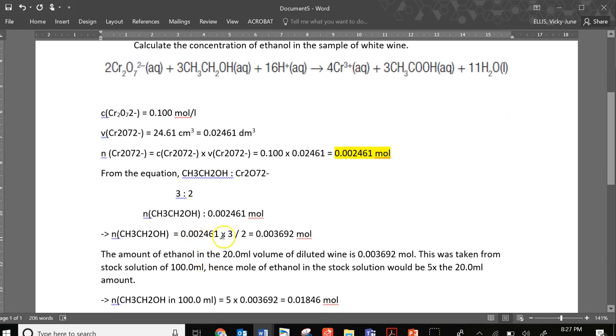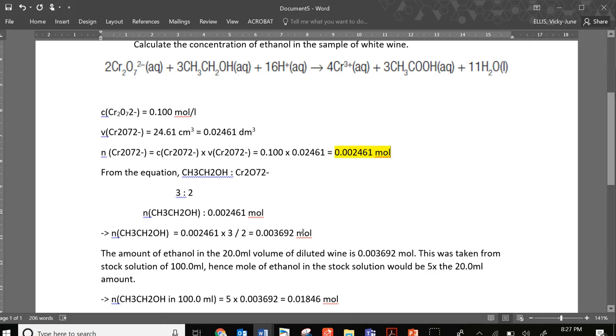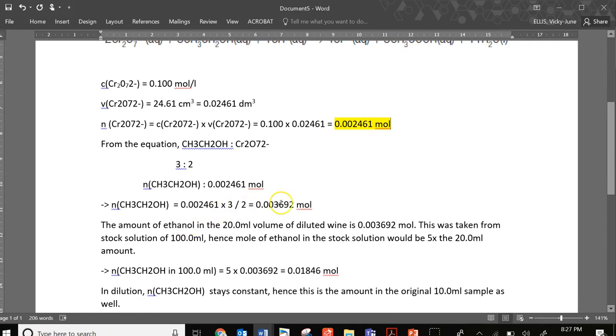So if we multiply our amount of dichromate by a ratio of 3/2, that will give me the number of mole of ethanol. Remembering we take the number of mole of what we know and multiply by what we want over what we've got. So we multiply by 3/2, and that will give us 0.003692 mole of ethanol. So for that amount of dichromate, that is the amount of ethanol that must have reacted. That's how much was actually in the conical flask.